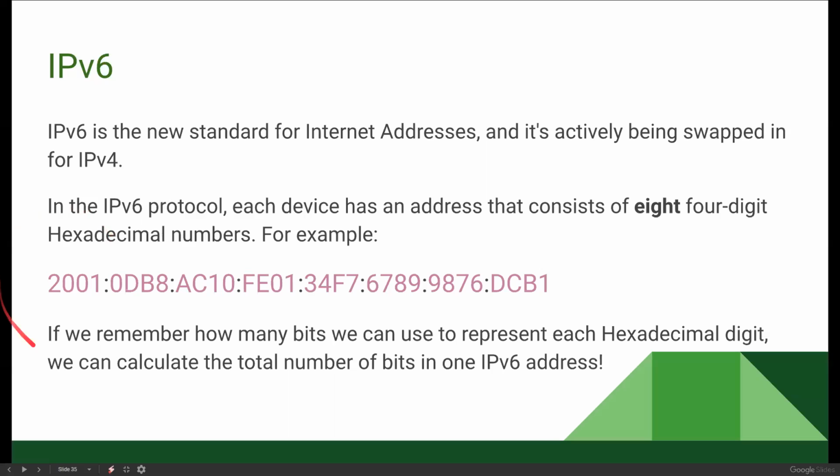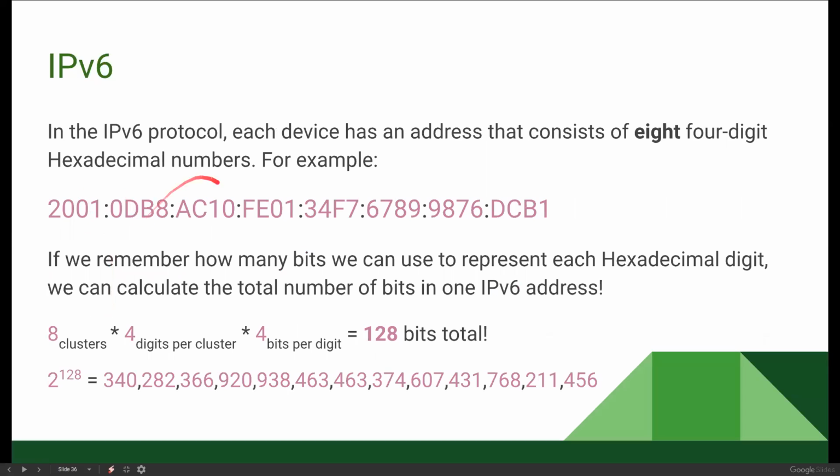So if we do some multiplication, we have 8 clusters of numbers, we have 4 digits per cluster, and we have 4 bits per digit, which, when we multiply that all through, gives us 128 total bits. So when we put 2 to the power of 128, we get this number, which is absolutely massive.